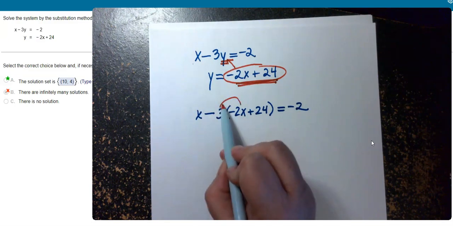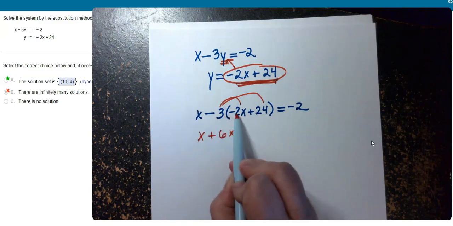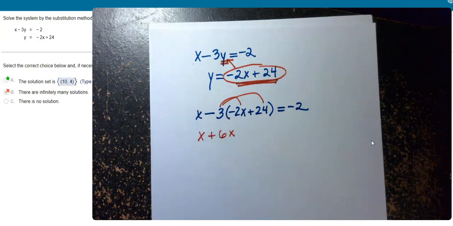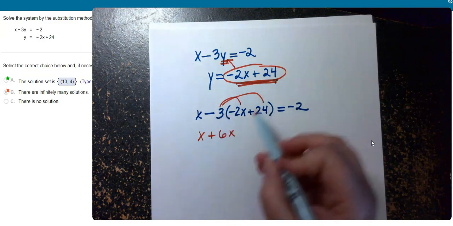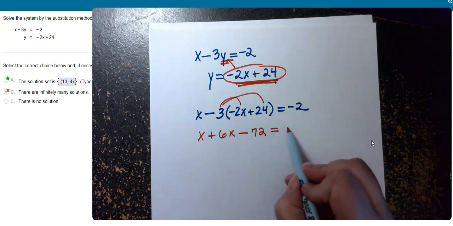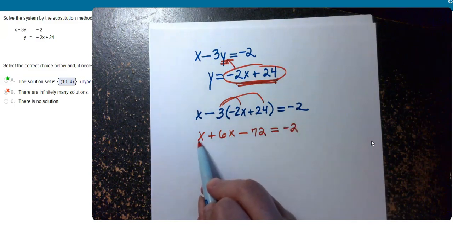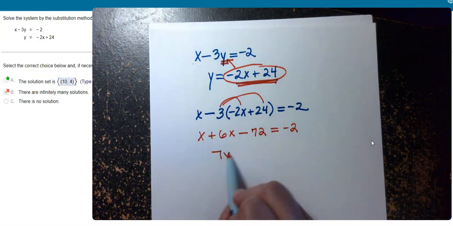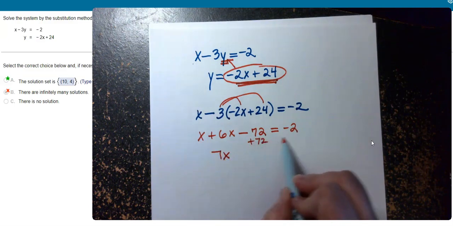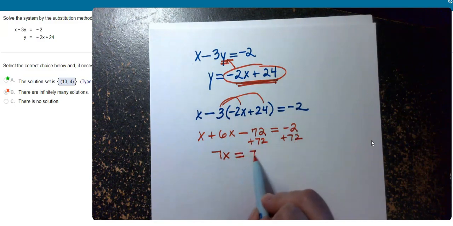This needs to be distributed, so x plus 6x, negative 3 times negative 2 is positive 6. Negative 3 times 24 is negative 72 equals negative 2. This is a 1x. 1x plus 6x is 7x. I'm going to add 72 to both sides: 7x equals 70.